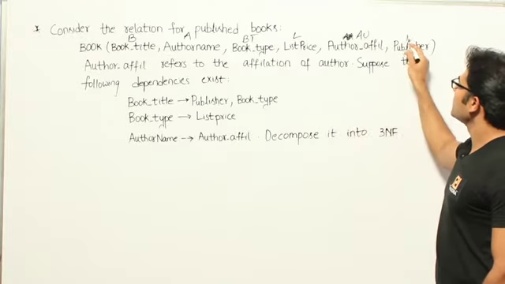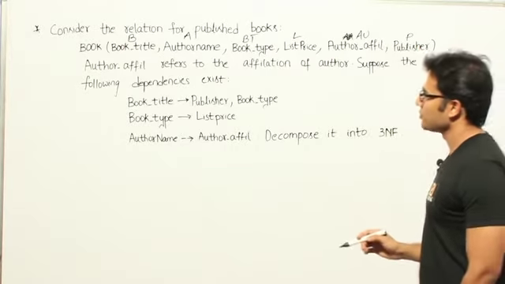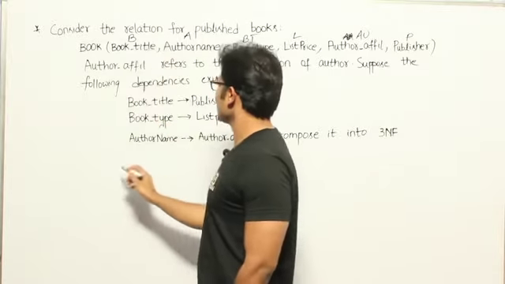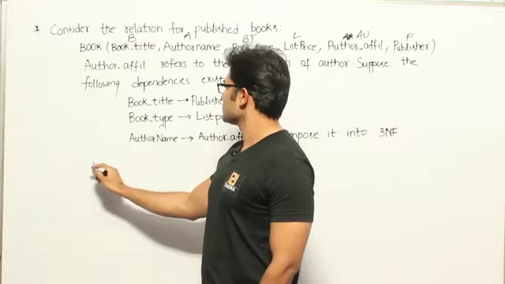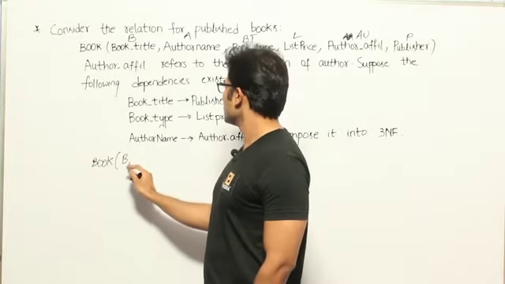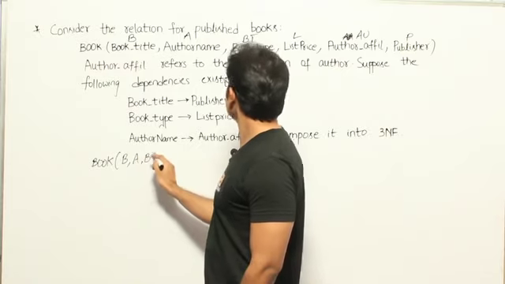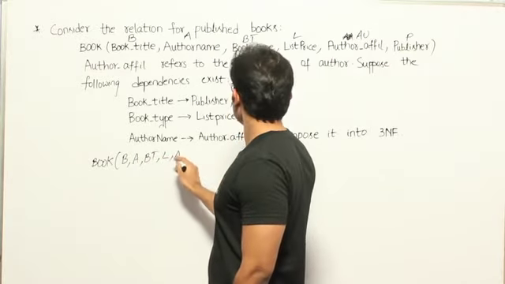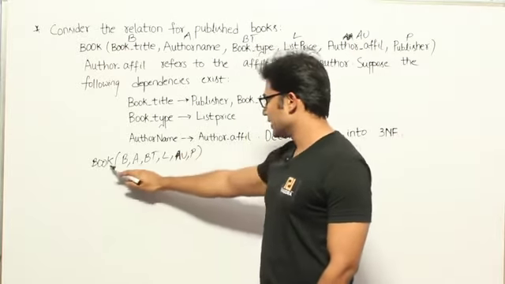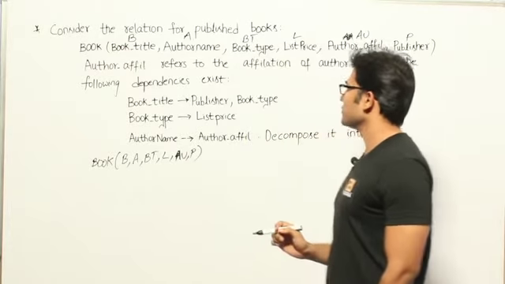And publisher is P. So what is our table going to be? I'm just writing it using small abbreviations so that it will be easy for us to work on them. So book is going to be B, A, BT, L, AU, P. This is the relation, and these are all the attributes.